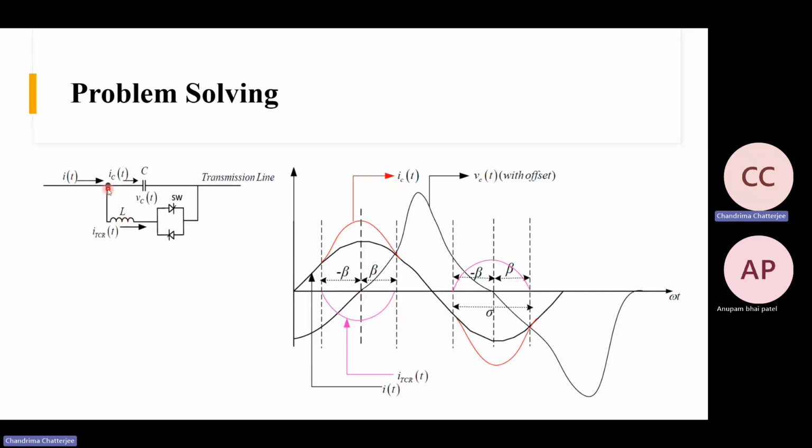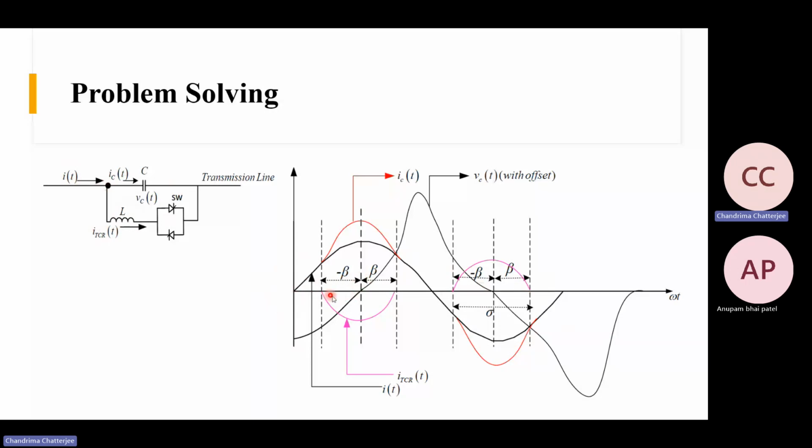Now simply apply KCL at this node. What will you get? This line current is the sum of I_CT and I_TCR, right? So this current has two paths, one through the capacitor, another through the inductor. This diagram represents capacitive mode of control. Why?